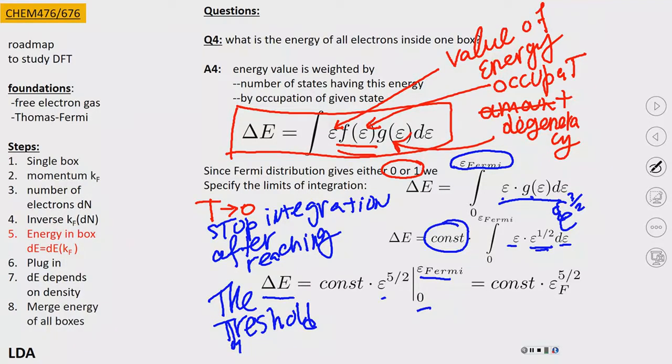First, that the higher the energy, the higher the density of states. At higher energy, there are more states, on one hand. On another, if energy is above HOMO, states are unoccupied. So we need to integrate only from 0 to Fermi energy. And then we can drop this distribution.